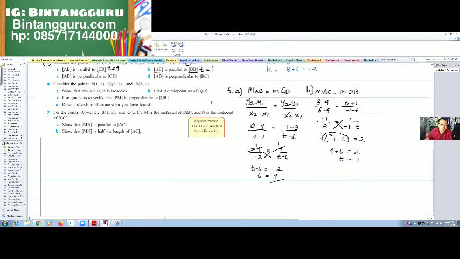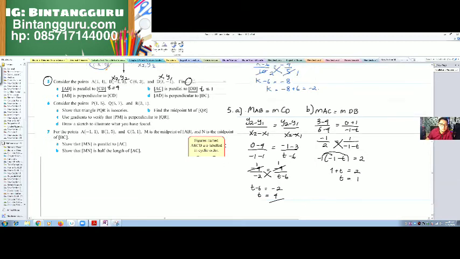Okay, and C, so AB is perpendicular to CD. Yeah, so this is A, B. Okay, AB perpendicular to CD. I think I will put number 5C. So AB is perpendicular to CD.